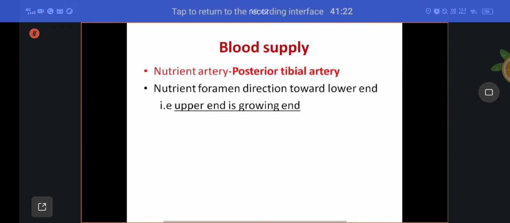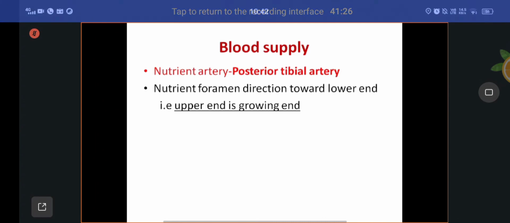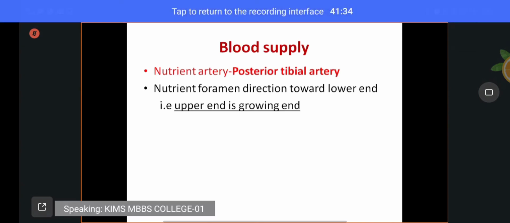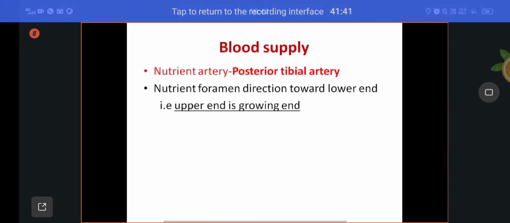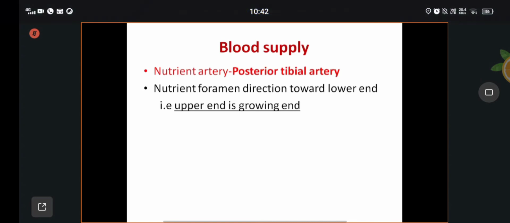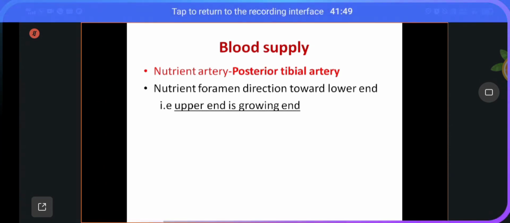The direction of the nutrient foramen is opposite to the growing end. The upper end of the tibia is the growing end. That means the nutrient foramen is directed towards the lower end. The growing end elongates, it increases in size. There would be a stretching and rupture of the artery.